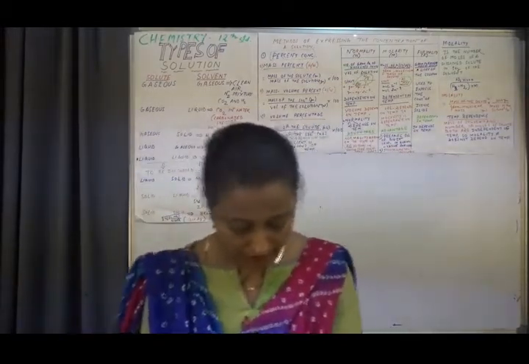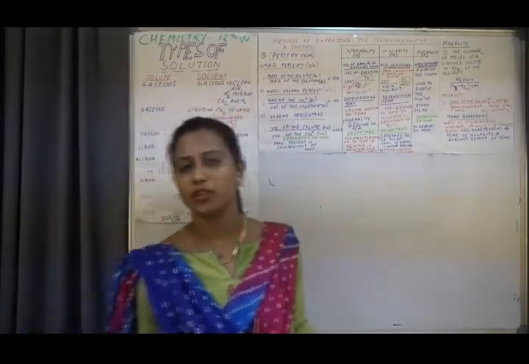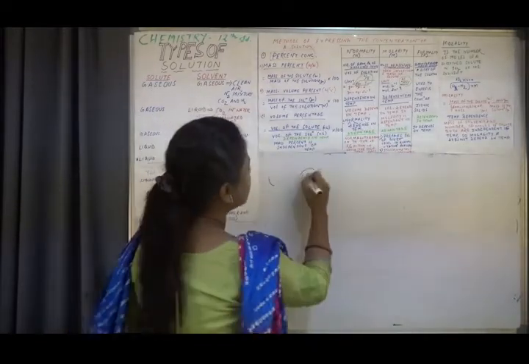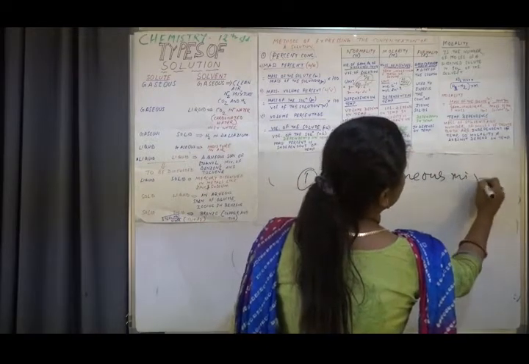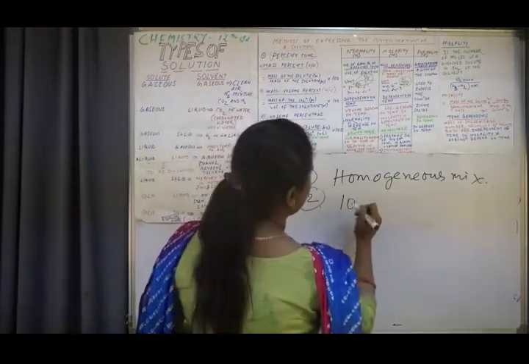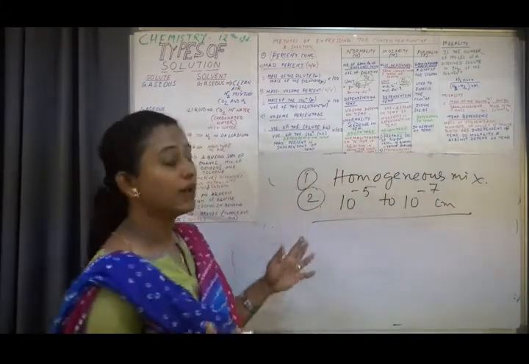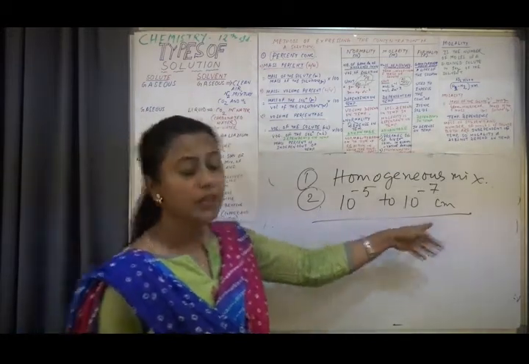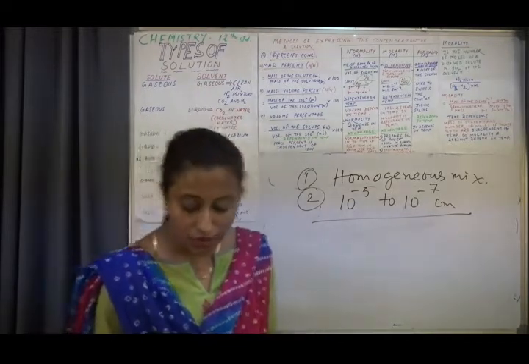Now coming to another topic. Oh, sorry, I have forgotten about the characteristics of the solution. We are discussing that a solution is a homogeneous mixture. The particles present in this solution are very small, 10 to the power -5 to 10 to the power -7 centimeter, and cannot be seen with the naked eye. We have to use a strong electron microscope to see these.